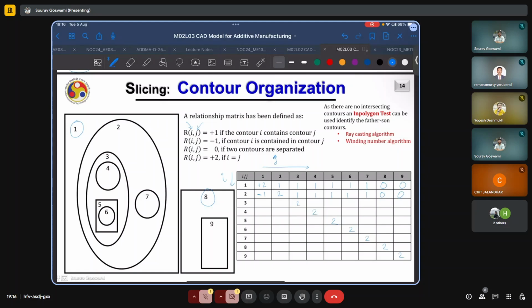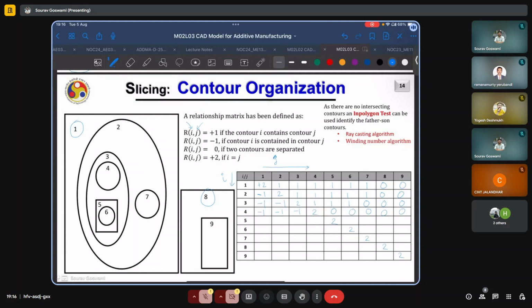Contour 3 is contained in contour 1 and is contained in contour 2. It contains contour 4, 5, and 6. However, it is separate from 7, 8, and 9. Contour 4 is contained within contour 1, 2, and 3. However, it is separate from 5, 6, 7, 8, and 9.